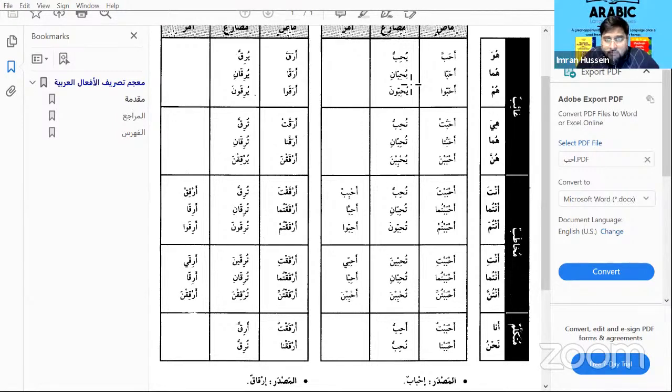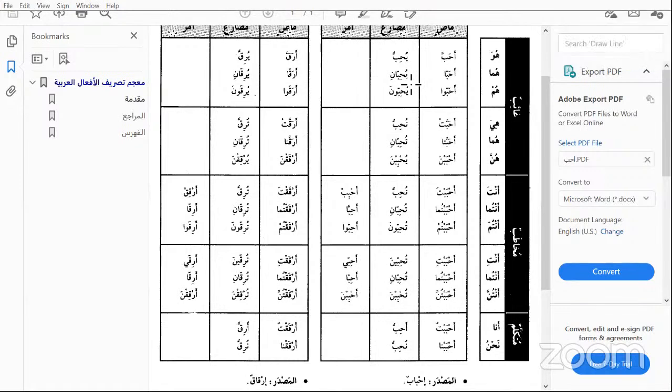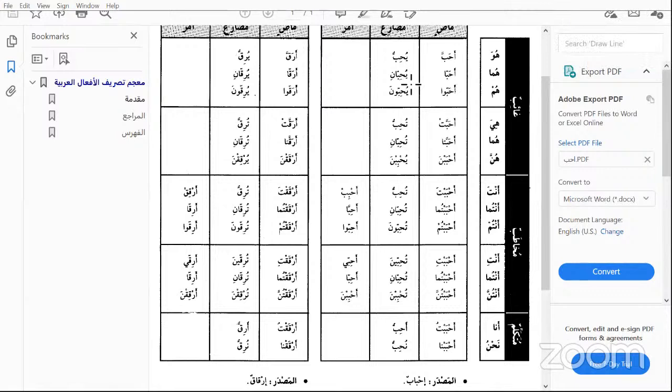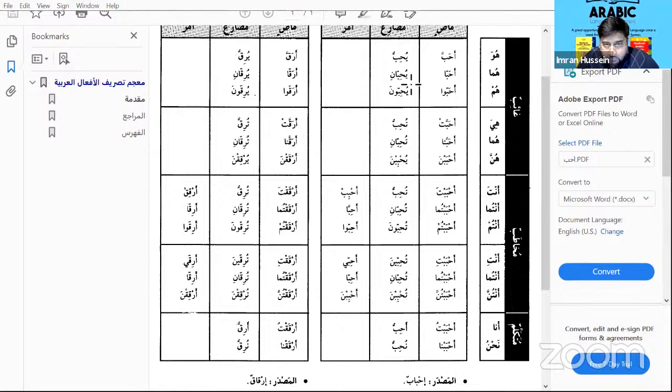Once more, yuhibbu, yuhibbani, yuhibbuna, tuhibbu, tuhibbani, yuhbibna, tuhibbu, tuhibbani, tuhibbuna. Tuhibbina, tuhibbani, tuhbibna, uhibbu, nuhibbu. Excellent. Okay. Is that clear for you now, sister?